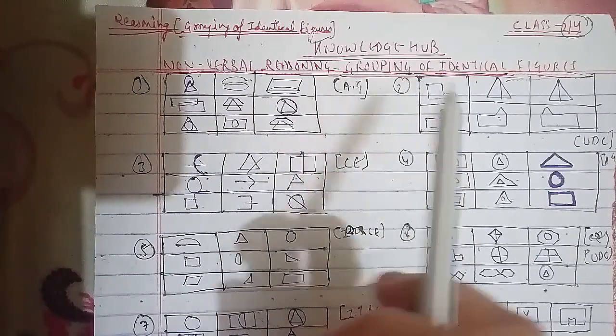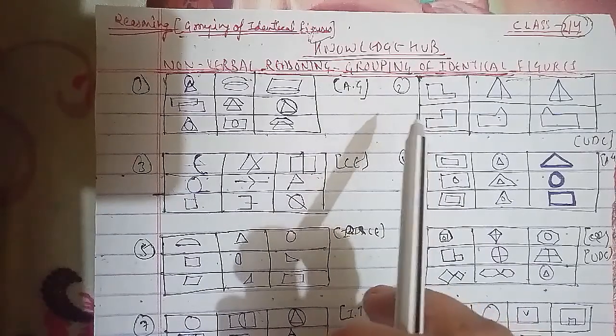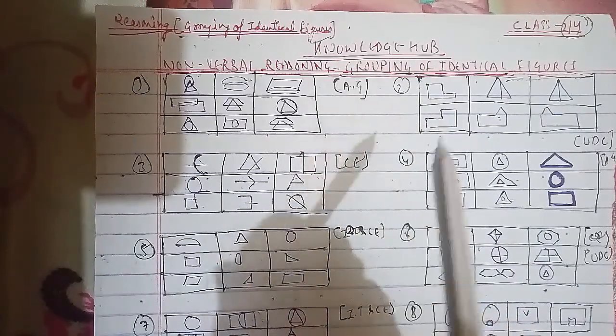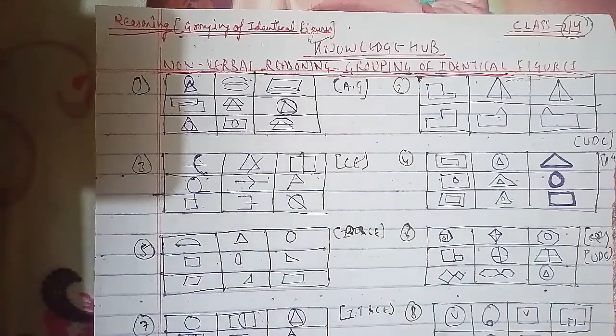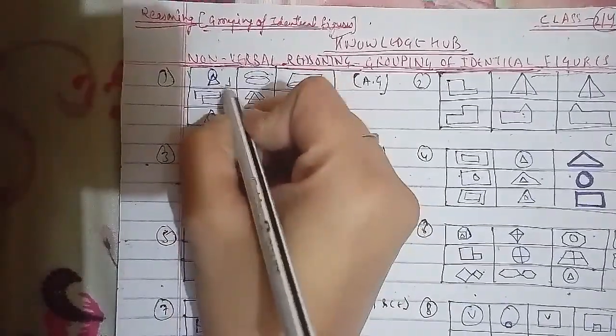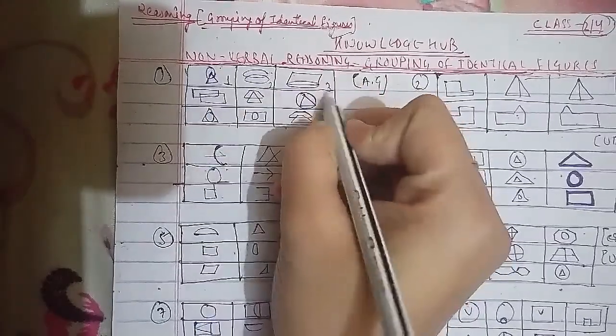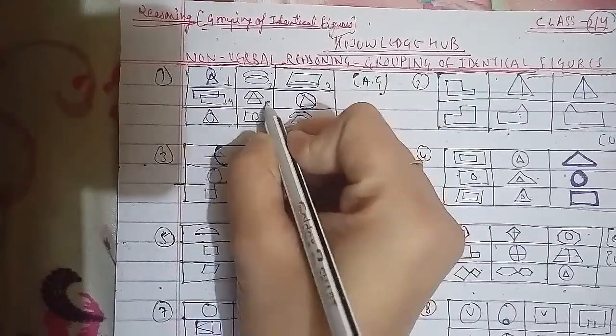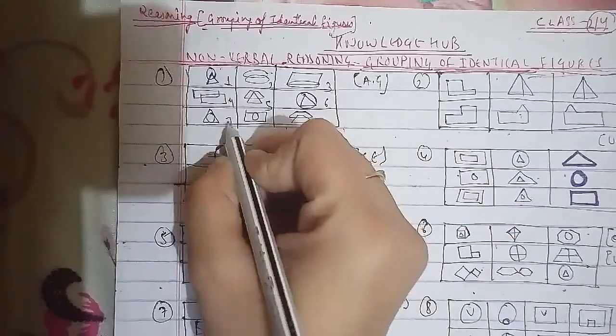We'll go ahead with the first one that we have. The figures are numbered 1, 2, 3, 4, 5, 6, 7, 8 and 9. This was asked in the assistant grade question paper, so it is also an important one.